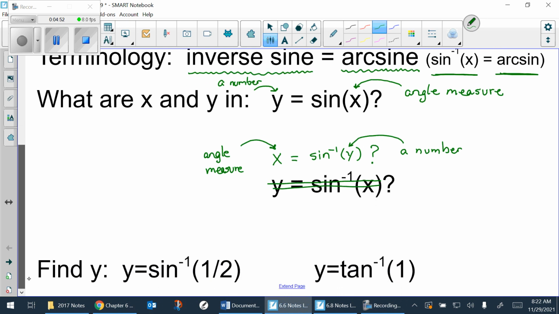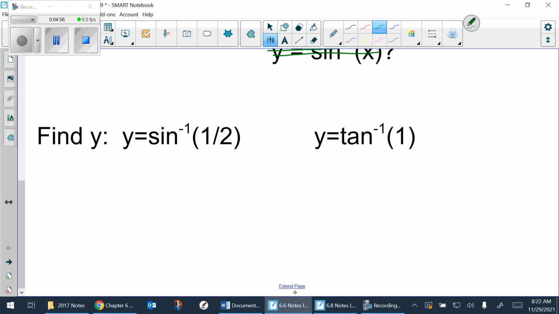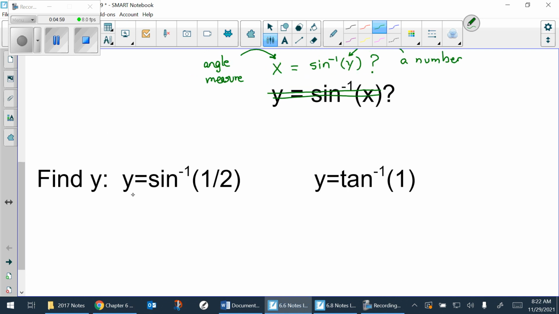Remember, this is a number right here. And if this is a number, the sine inverse of a number is equal to an angle measure. Our job is to find the angle measure.